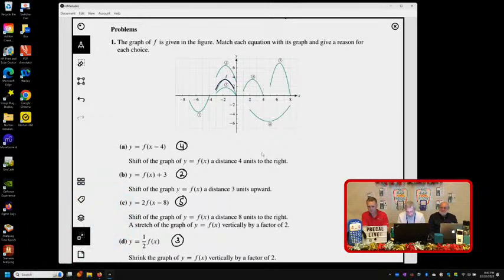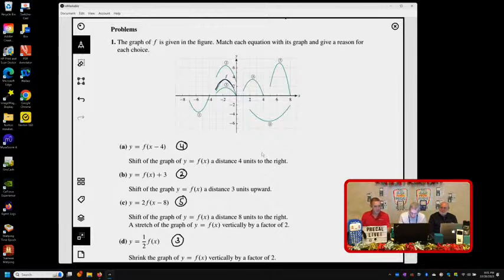So this one's pretty straightforward. It's a shift of the original graph a distance of 4 units to the right. So I'm going to shift it over here 4 units to the right. And that, I think, is graph number 4.